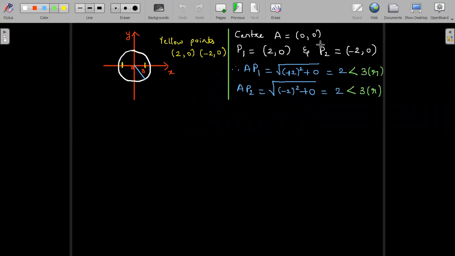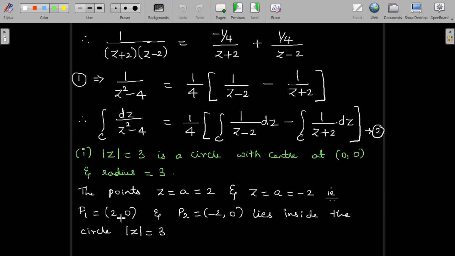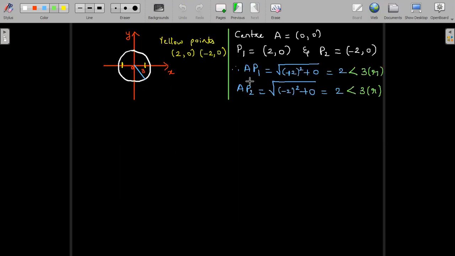The second way of understanding is according to the note that we saw in the working procedure. So we have the center A denoted by (0, 0). The points P1 and P2 are respectively (2, 0) and (-2, 0). And we find, applying the distance formula, AP1 equals the square root of (x2 - x1) whole square plus (y2 - y1) whole square.